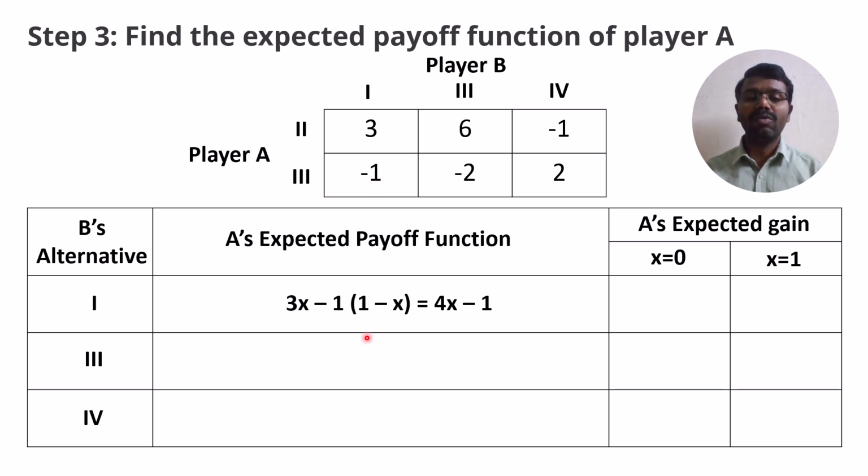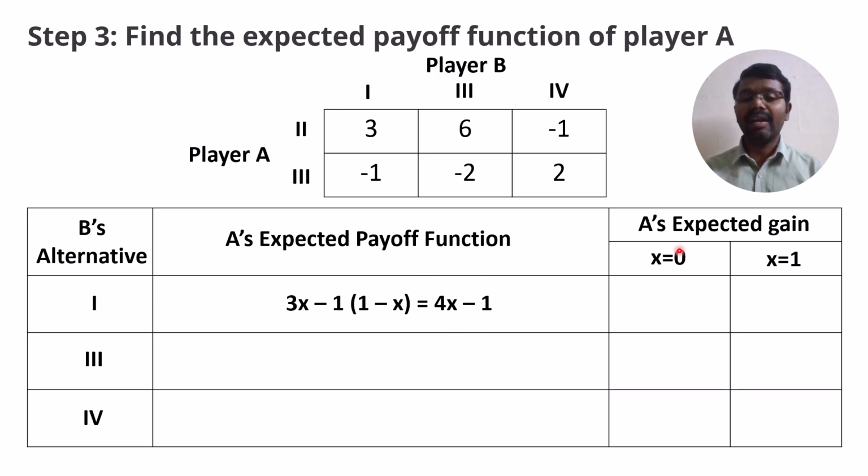So A's expected payoff will be 3 into x minus 1 into 1 minus x. This will be equal to 3x minus 1 plus x, so 4x minus 1. Now this is the expected payoff function for A.